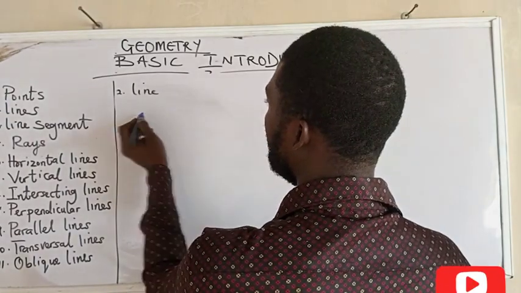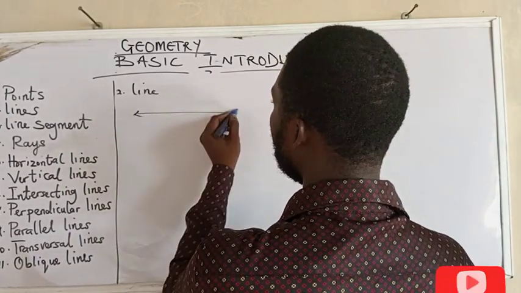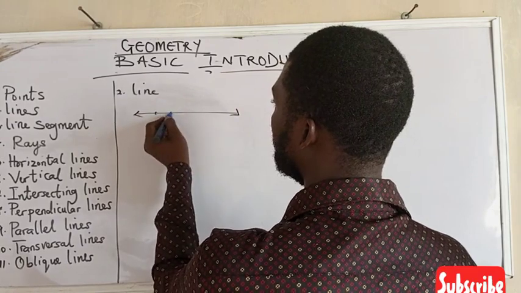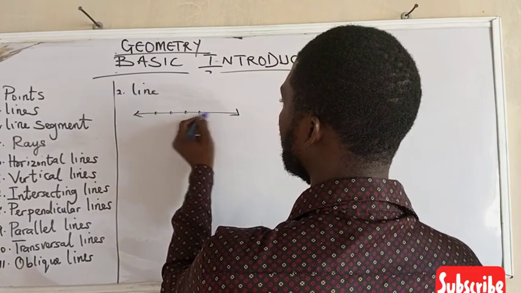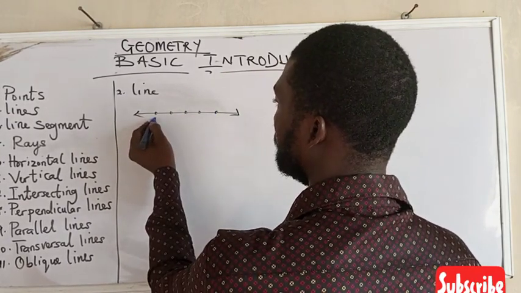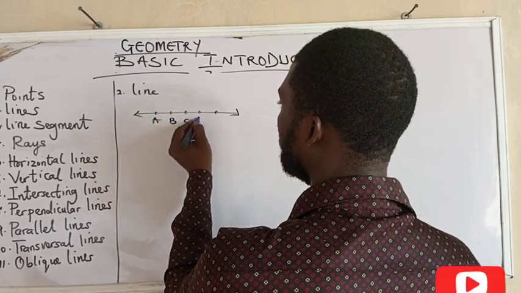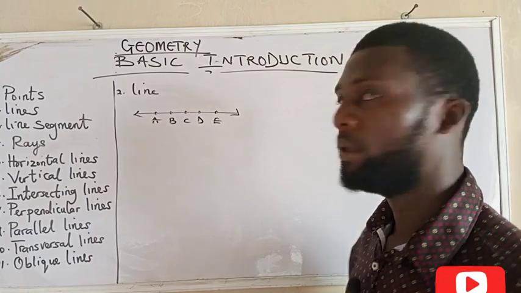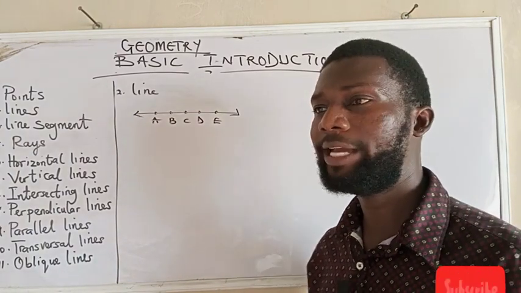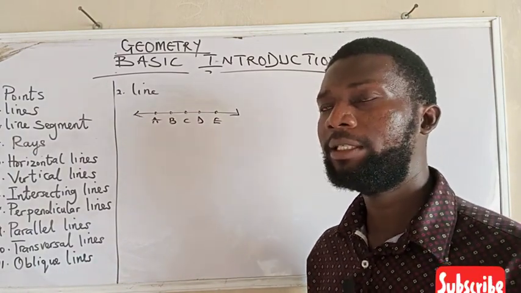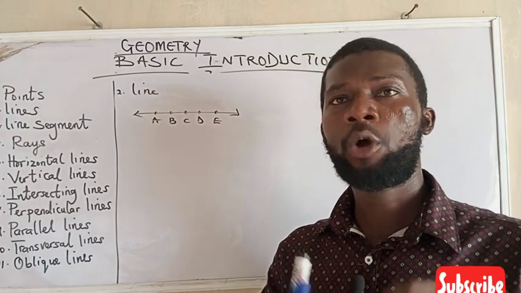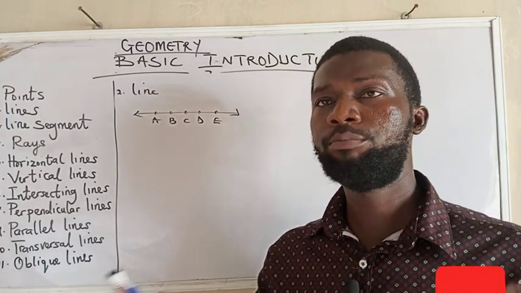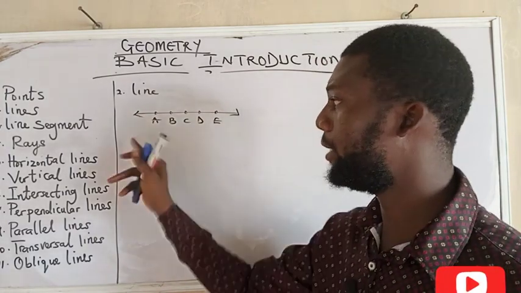For example now, let's look at this. Now let's look at this. One thing we should know about a line is this. A line extends continuously on both sides, as in on both ends.